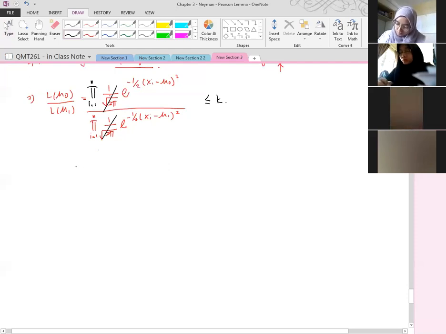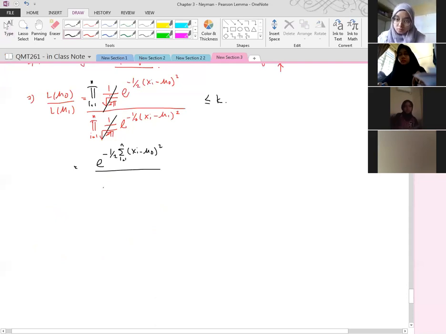So the next procedure is, since we're going to raise this exponential to the power of n, it will become exponential negative 1 over 2 summation of (xi minus mu naught) to the power of 2 from i equal to 1 until n. So this one divided by exponential negative 1 over 2 summation of i equal to 1 until n (xi minus mu1) to the power of 2, less than or equal to k.